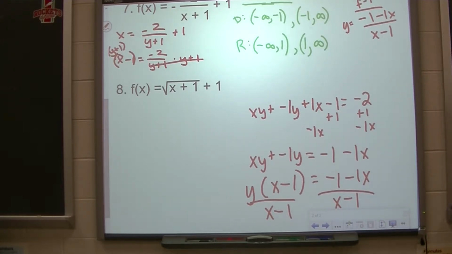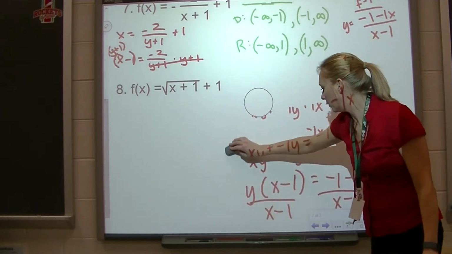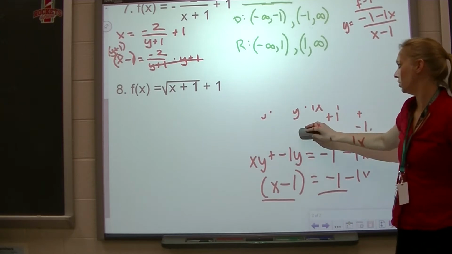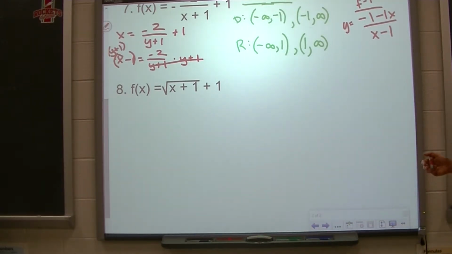And now I could go through, graph it, and come up with the domain and range that way. Or I can use the rule I know about domain and range of inverse functions.